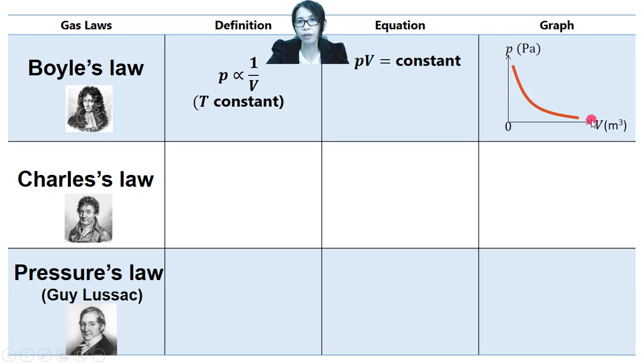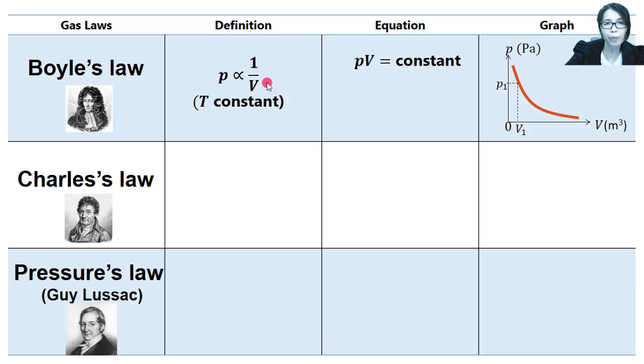So if we sketch the graph, when the volume of the gas increases, the pressure will decrease, inversely proportional. So PV is equal to a constant.